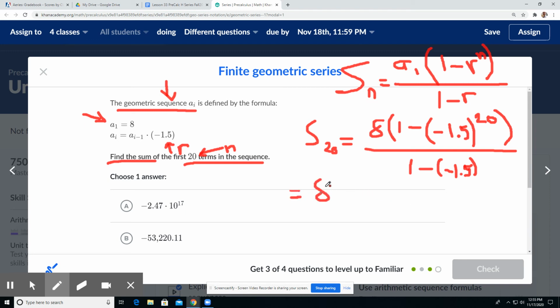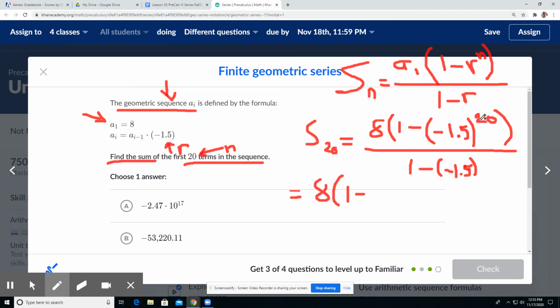So this is equal to 8 times 1... I can't change this to a plus sign. Remember, exponents come first. So the negative is just going to turn into a positive because this is an even exponent. 1.5, exponent key, 20. That's minus, and that's this minus sign right here.